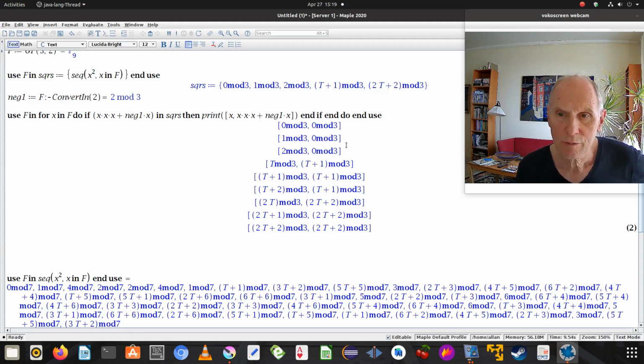So, the 3 points on the horizontal axis, and then 1, 2, 3, 4, 5, 6, that's 12 points plus 4, so we have 16 points altogether.